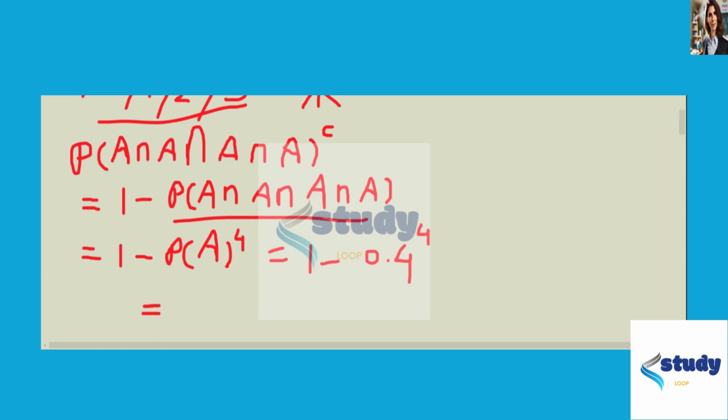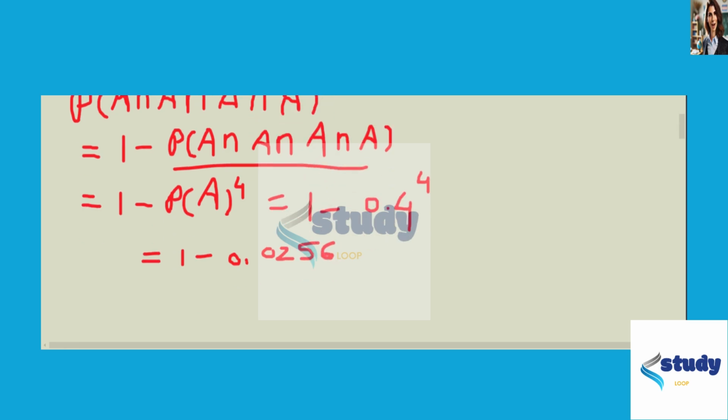So, this is equal to 1 minus 0.0256, which is equal to 0.97. So, the required probability is 0.97.